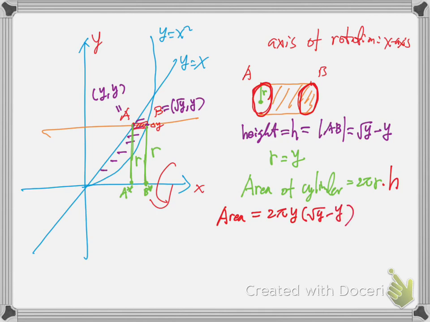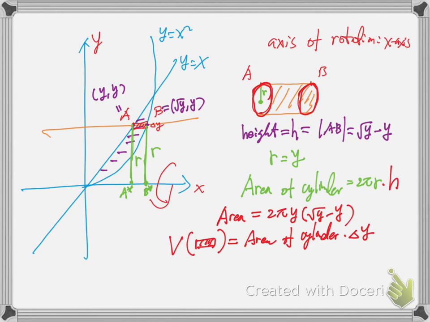Now let's expand this AB a little bit. You rotate the whole small red box, then you get the volume of the rotation for this small box. This will be the area of the cylinder times delta y. Then the whole volume will be the integral of the volume of the small box.